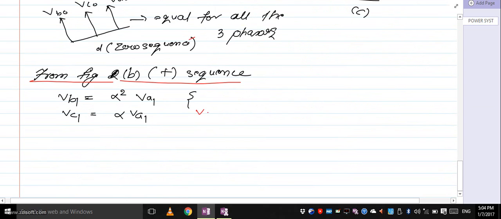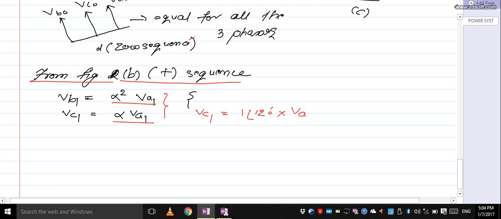Similarly, for VC1 we have VC1 is equal to 1 at angle 120 degrees into VA. So from there we get VB1 is equal to this and VC1 is equal to this.